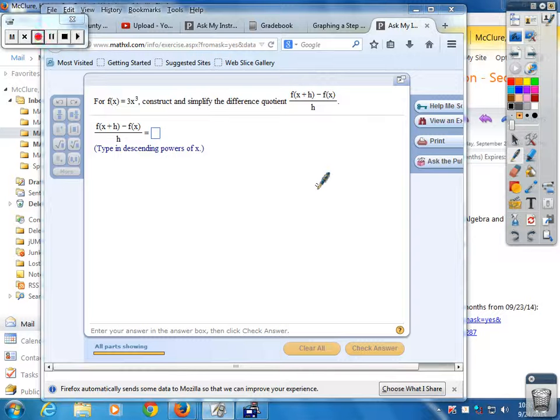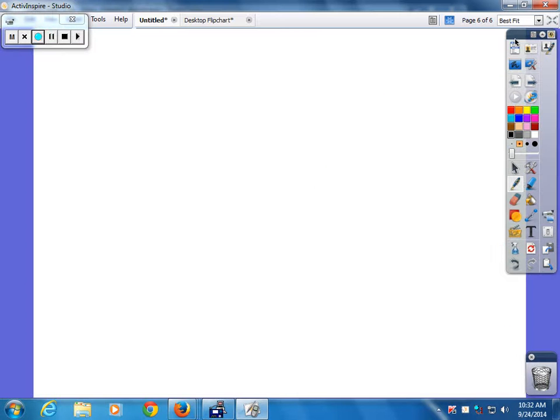Well, I'm going to put it on a whiteboard because we're going to need the room. 3x cubed. f of x is equal to 3x cubed, and we want to find the difference quotient. F of x plus h minus f of x over h.